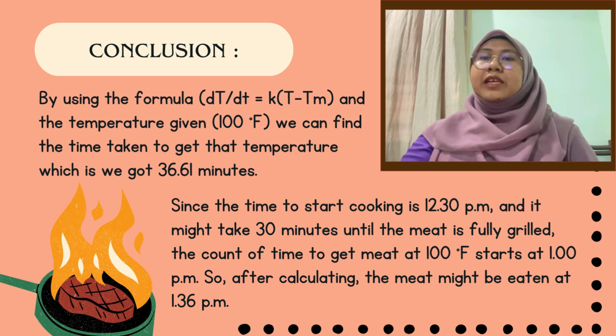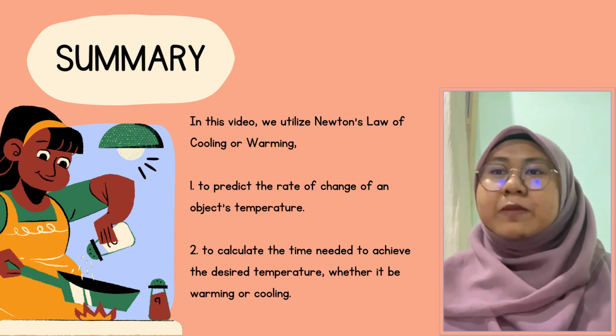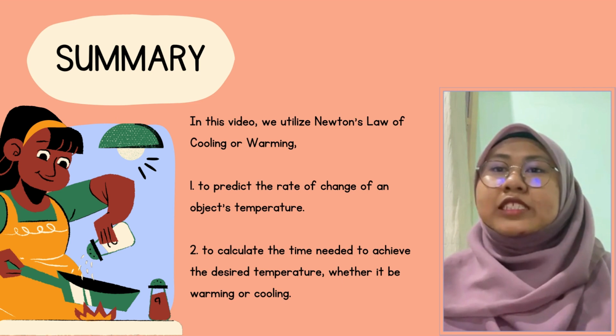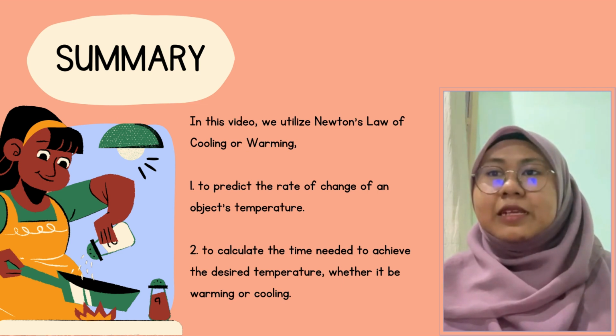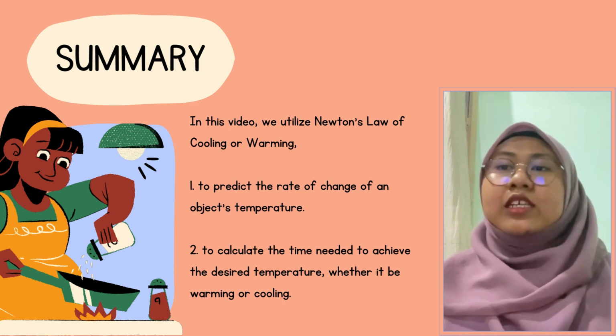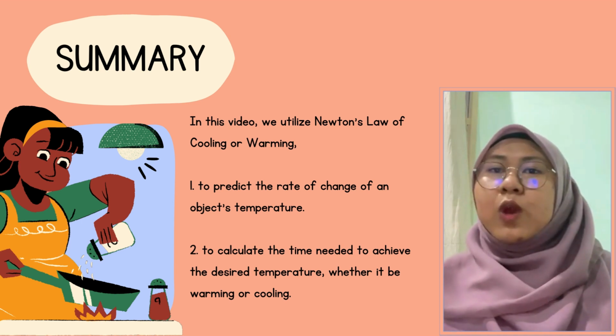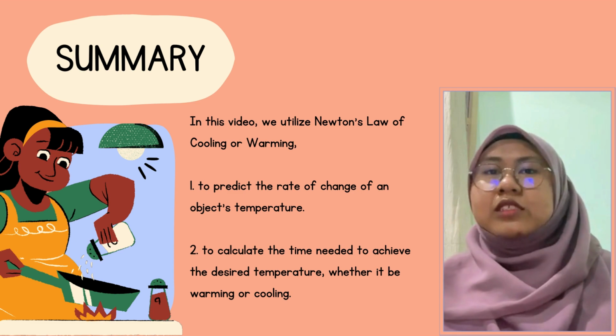So, the meat should be ready to eat at around 1:36 p.m. This video explains how Newton's law of cooling or warming can be used to estimate the rate of temperature change. By applying this knowledge, we can accurately calculate the time needed to reach our desired temperature, whether we are cooling or warming the substance.